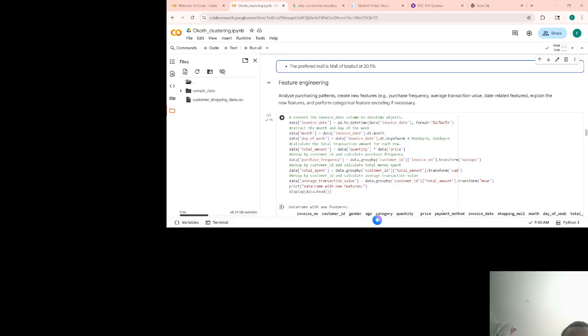I also added a month feature called month just in case we will be interested to know the frequency or the seasons. I also added a day of the week, total amount spent, purchase frequency, and total spent in view of enabling us profile the data.